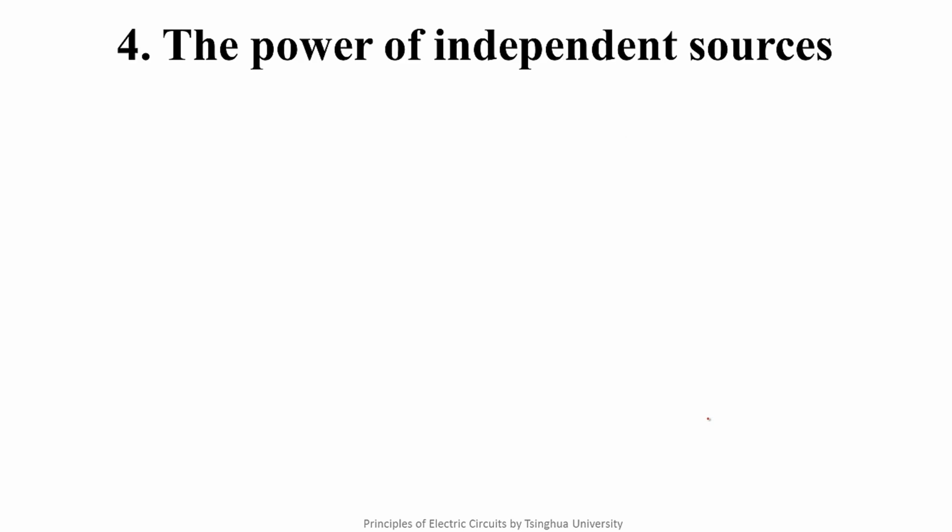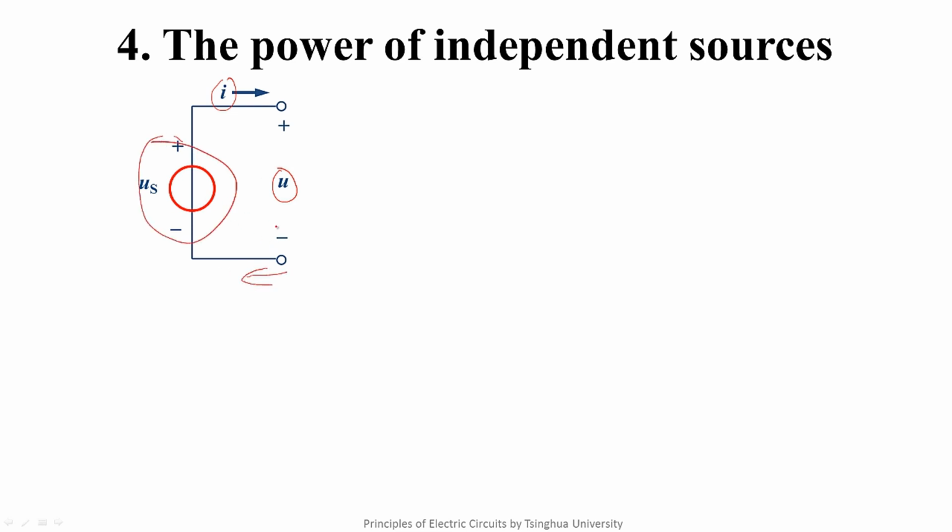Next, we discuss the power of the independent sources. This is the independent voltage source. Remember the question I just asked? For the independent voltage source, are current and voltage associated or non-associated? Pay attention to the current flowing into it from here. That is to say, for this two-terminal element, they are non-associated when the current flows into the element from the negative terminal.